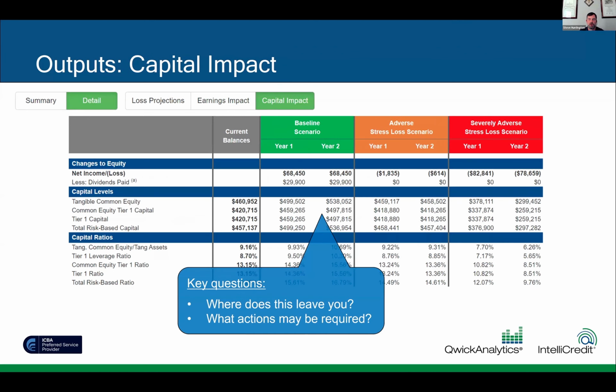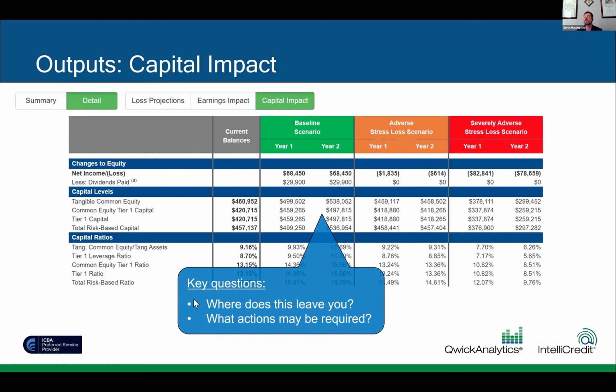Right, we look at your current capital levels, we layer in two years worth of earnings or losses and dividends. The global assumption for dividends is that we'll keep a similar dividend payout ratio, and that your dividends would be very likely suspended if you were losing money hand over fist in a significant credit cycle. And we use that to reproject two years worth of capital levels and ratios.